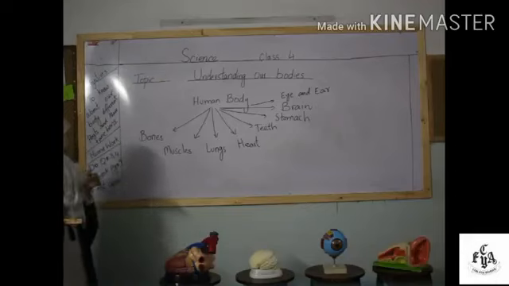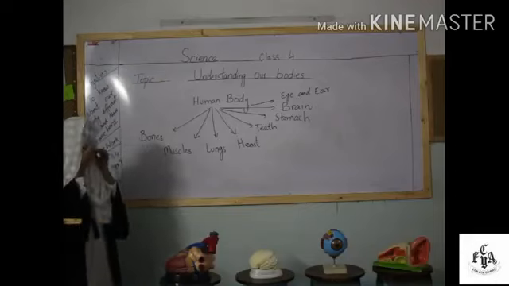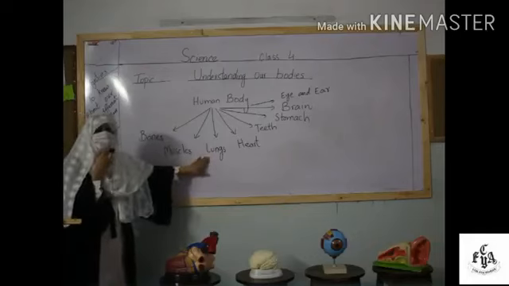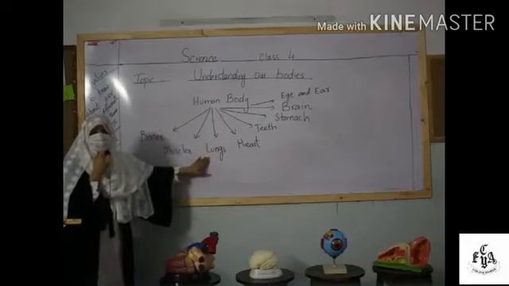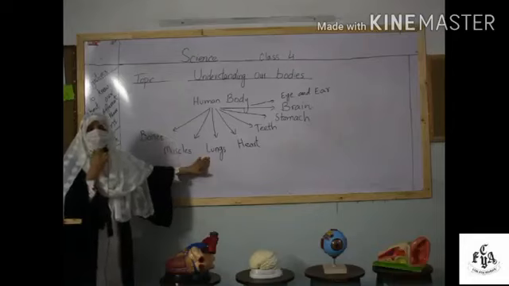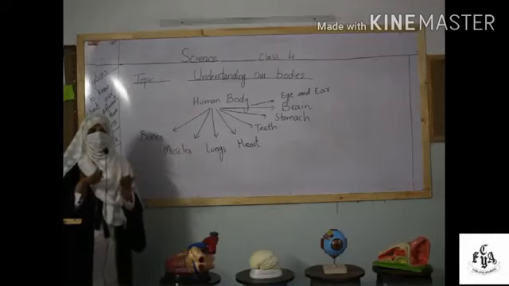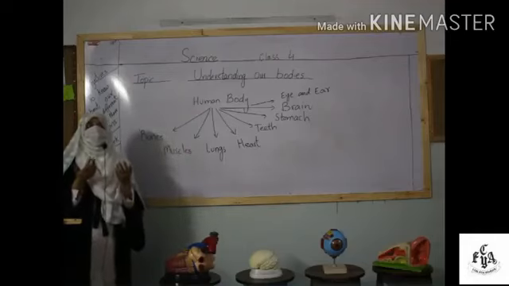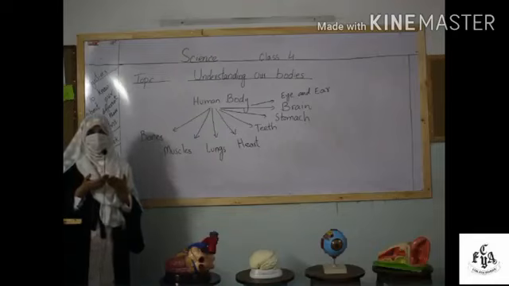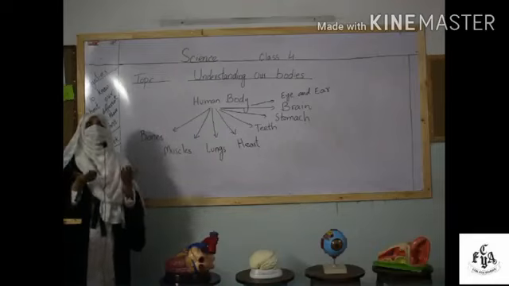Now we are going towards another important part of the human body, which is the lungs. What is the function of the lungs? It is used for breathing. Breathing in, breathing out. During breathing, we are taking oxygen gas from the atmosphere.